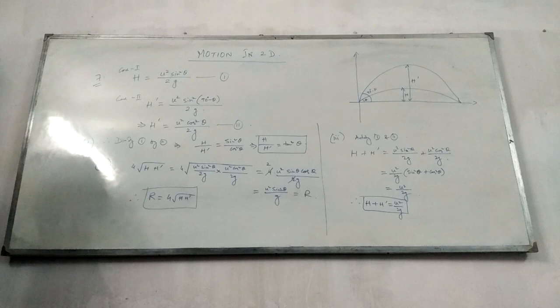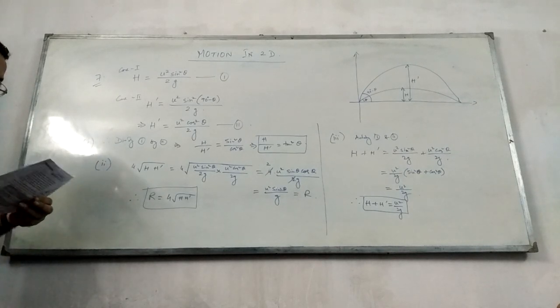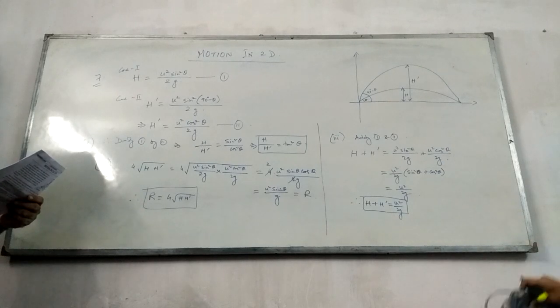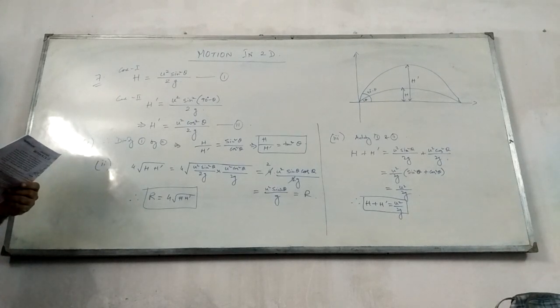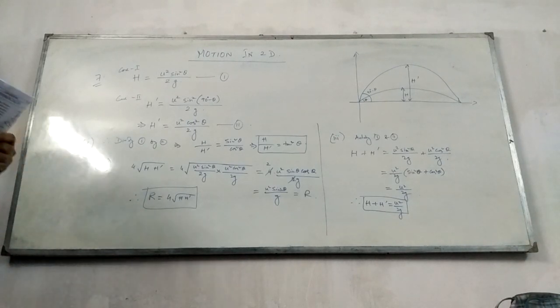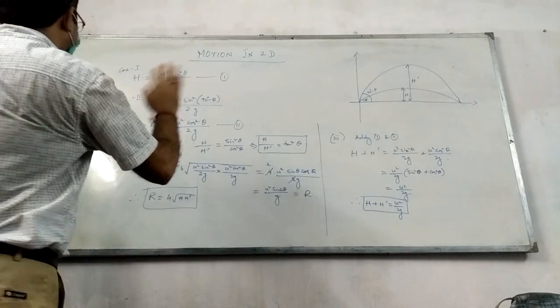The maximum heights for the complementary angles of projection. In the previous problem, with the time of flights at T and T dash. So this was regarding H.